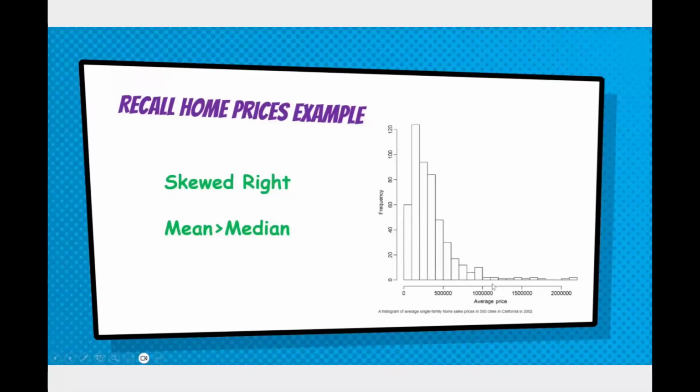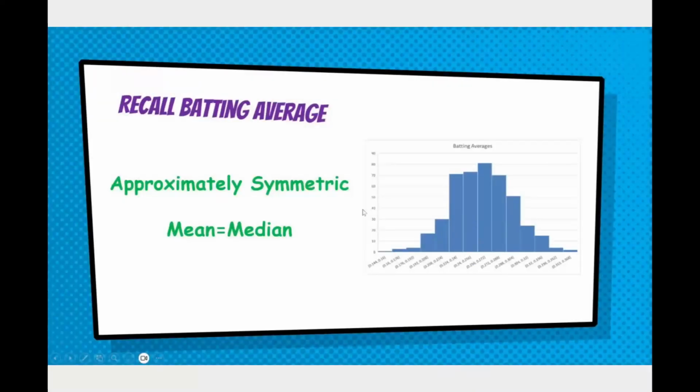There are probably less than 5 of those, when you have 120 homes that look like they're probably in the 300,000 range, and then almost 100 homes in maybe the 350 or 400,000 range, and so on and so forth. So we would use the median here because our graph is skewed.